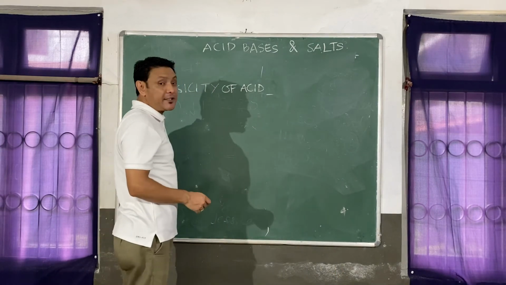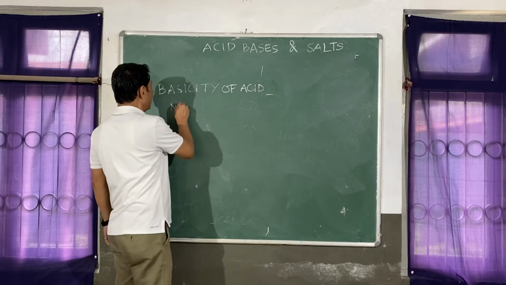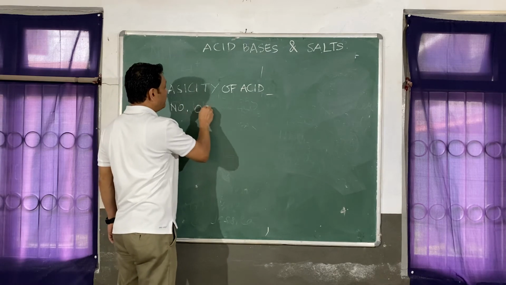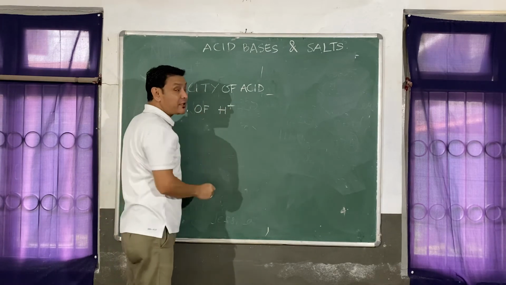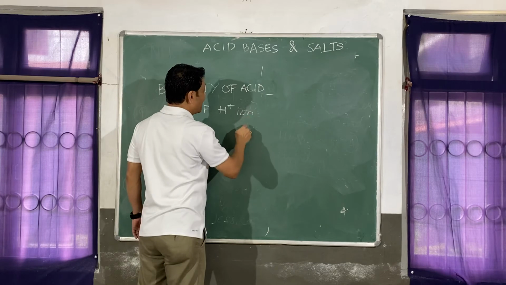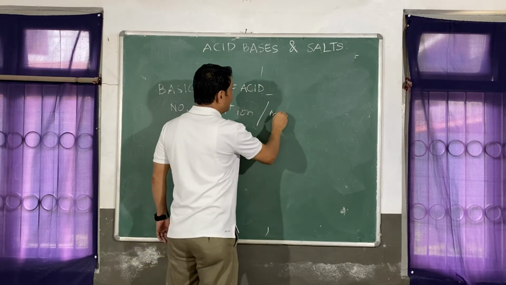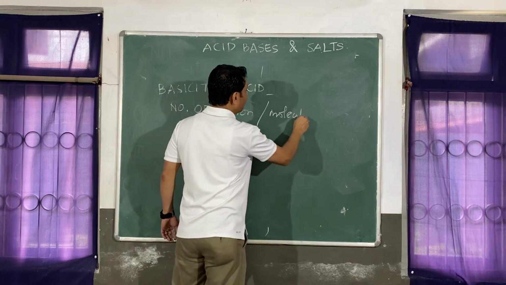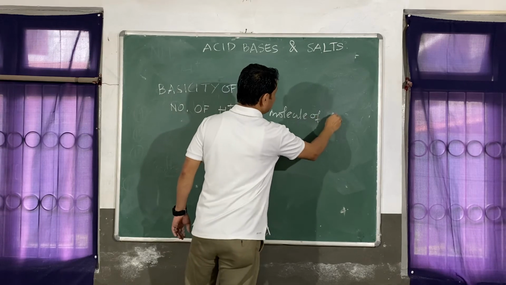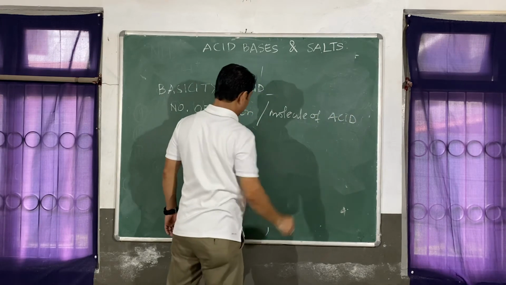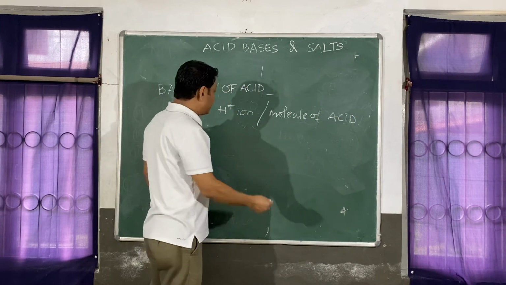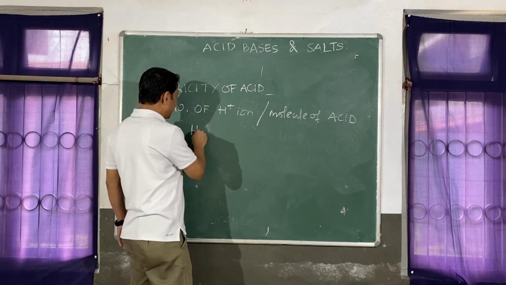So now you will understand. Basicity of an acid is the number of hydrogen ions, H plus ions, per molecule of the acid. Take any acid, for example, HCl.